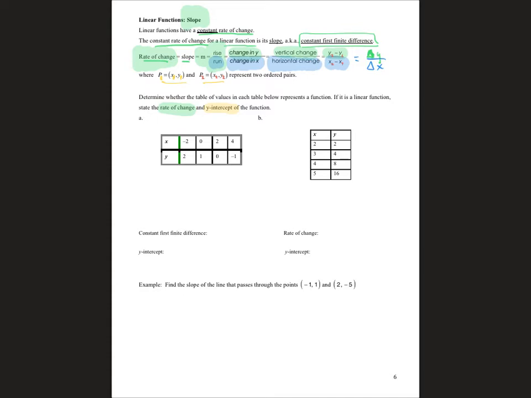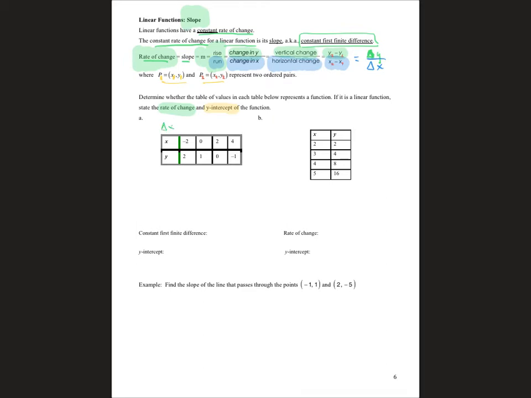So if I were to look at these, each of these are ordered pairs, right? That's an ordered pair, that's an ordered pair, that's an ordered pair, that's an ordered pair. But I want to look at my change. So let's look at first our change in x.